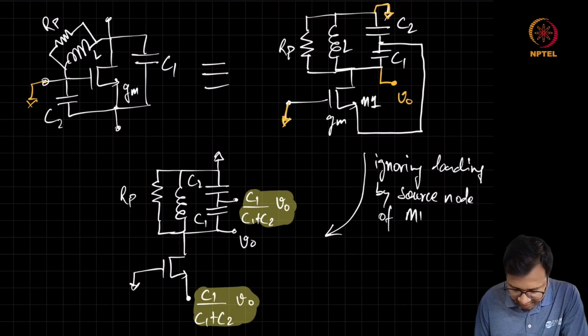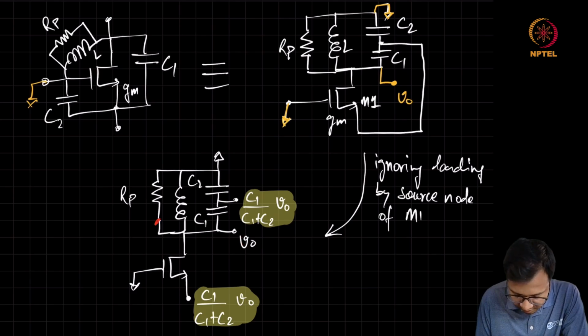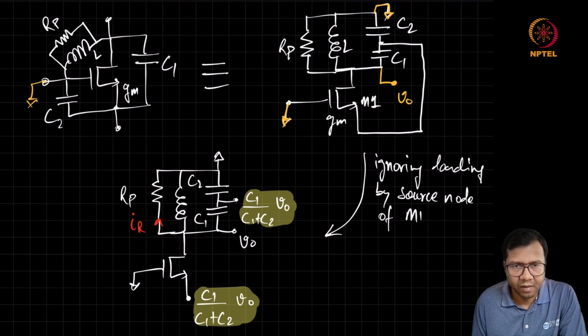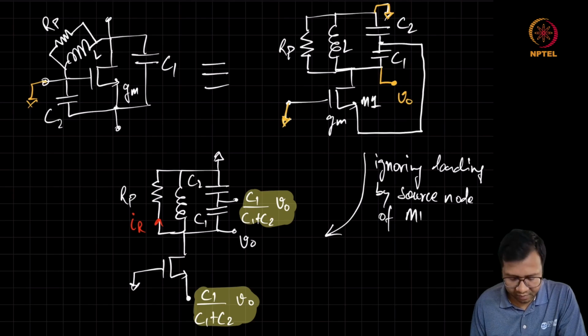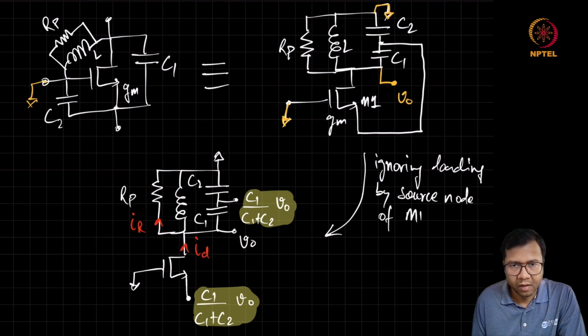And we can see that in this tank circuit, if the voltage V0 appears at the output, then there will be a current IR in this parallel resistance Rp, which is modeling the loss. So for a sustained oscillation, we want the current provided by the MOSFET, in our case is ID, to be equal to IR.